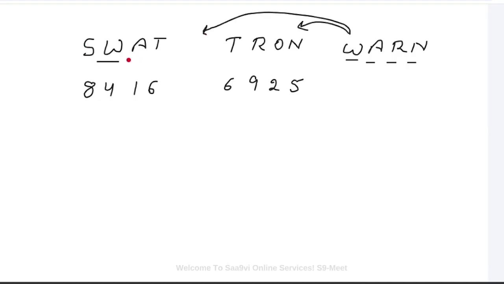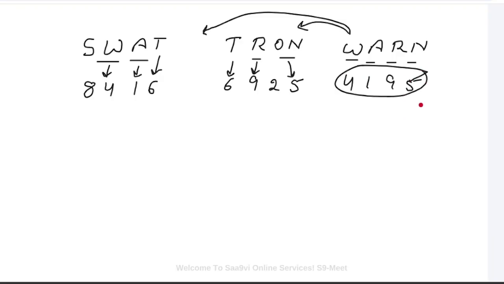I can see W is here, A is here, which are the alphabets of the question. And I can see T here is 6, T here is 6. That means W should be 4, A should be 1, R should be 9, and N should be 5. So I can pick them straight away. That is 4, 1, 9, 5. That is the answer I get. Clear? Now this was Rule 1.